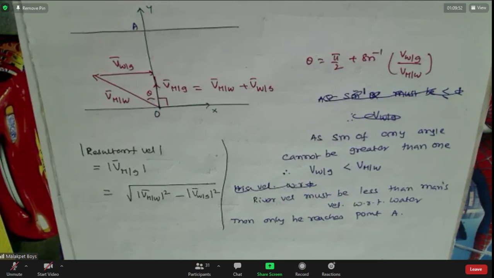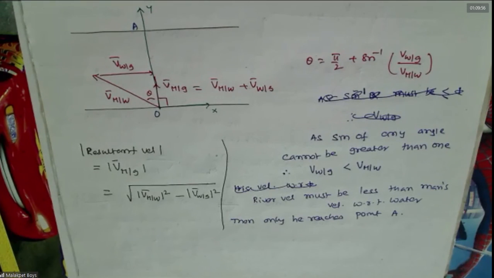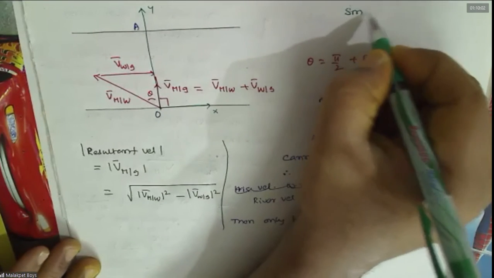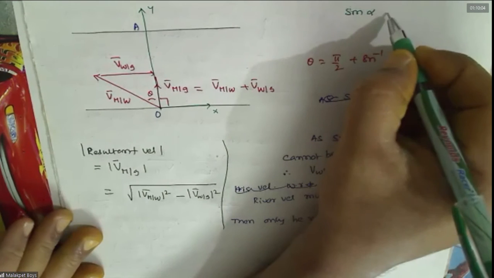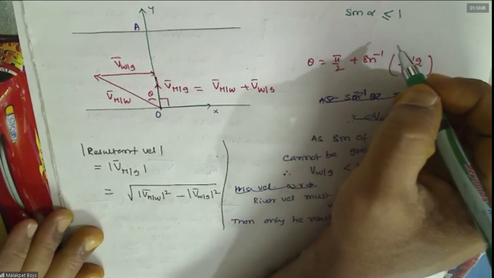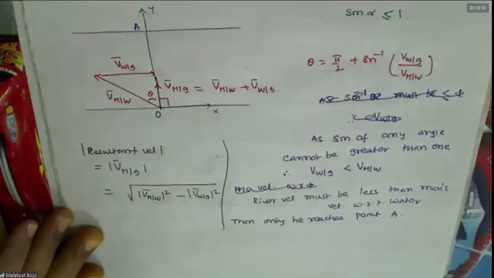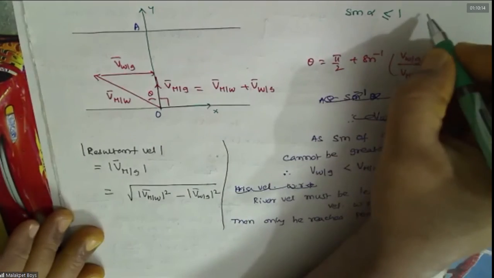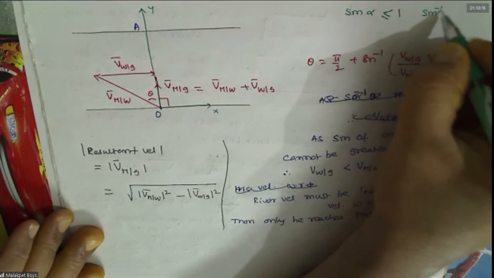Sir, can you explain that point, that sine of any angle cannot be greater than 1? Now, that is mathematics. See, suppose sine alpha, the maximum value should always be less than or equal to 1, no? Agree or not? Yes, sir. Now, this is also some angle only, no? Sine inverse.